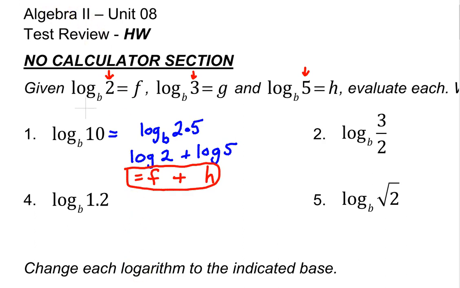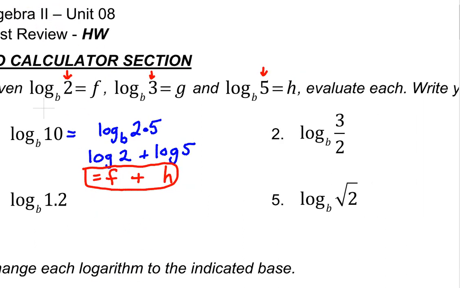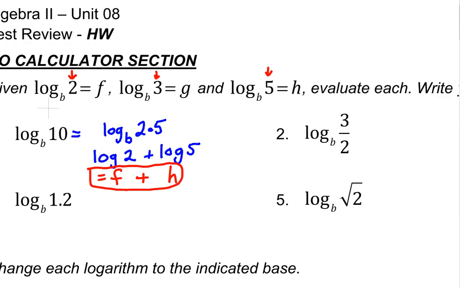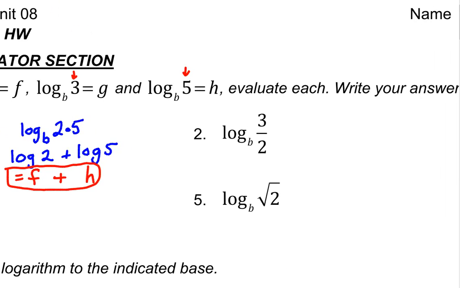And just do the same process for each of these. Sometimes they're a little more tricky, but looks like at least at the beginning here, they're pretty straightforward. So the next one has 3 and 2, which we already have, so we just can go straight to rewriting this. Now when you're dividing, kind of like when you're multiplying, we end up adding. Well, when you're dividing, you end up subtracting.